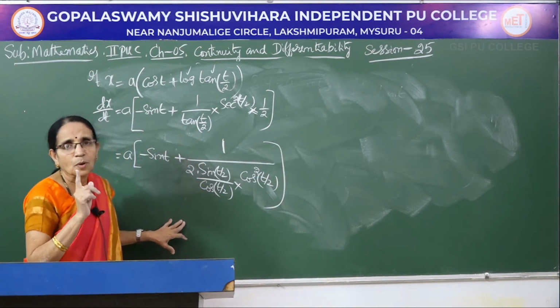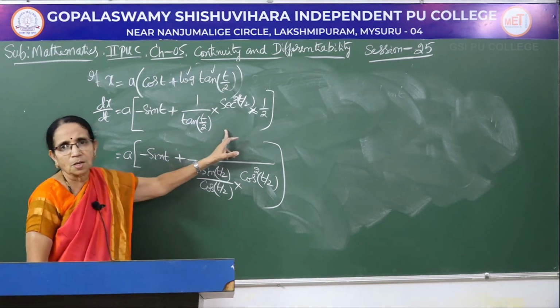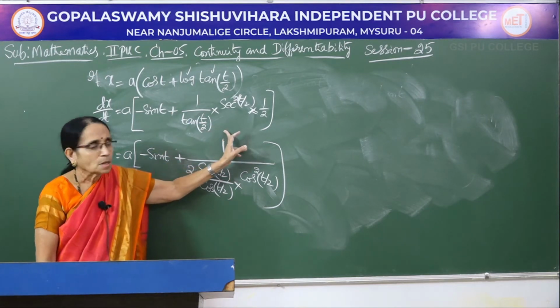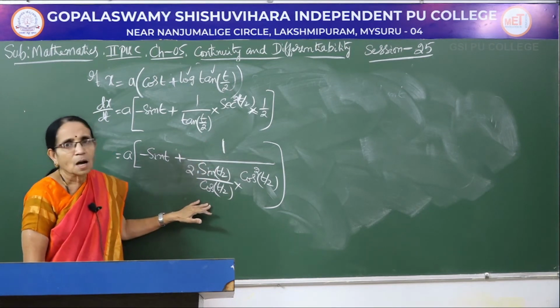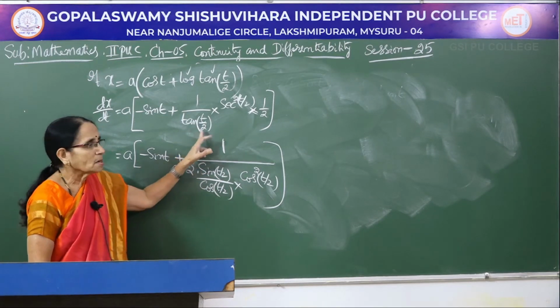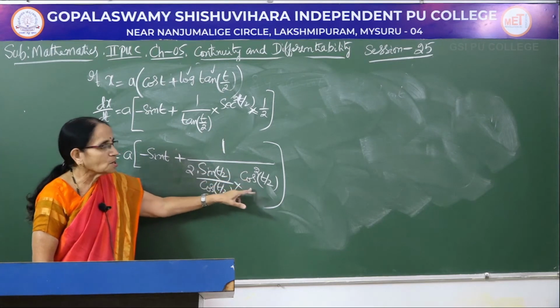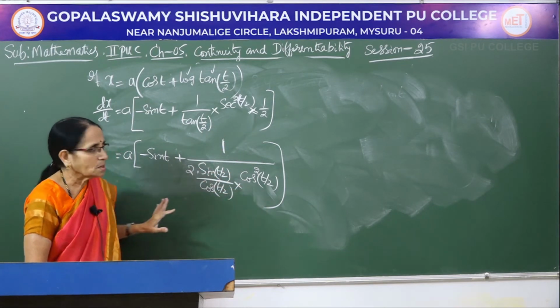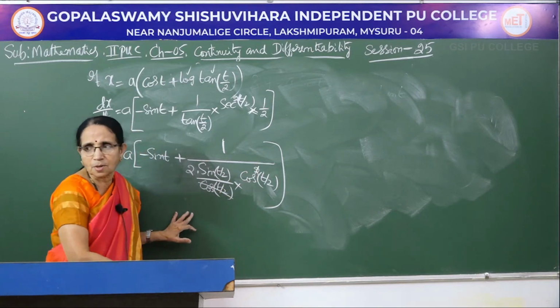See, I am doing only one calculation in one step. First step, I differentiated using the chain rule. Now, I am taking all the terms to the denominator, using the information. 1 by 2 into tan theta is sin theta by cos theta I have written. Secant square could be written as 1 by cos square t by 2. So, one cos t by 2 is cancelled.